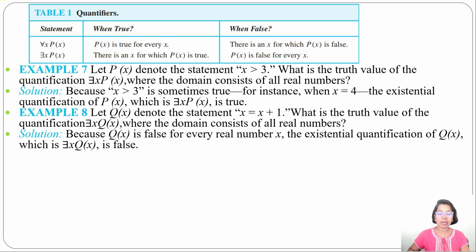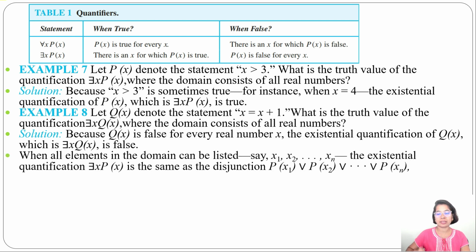We can write the universal quantifier in the form of a conjunction. In the same way, we can write the existential quantifier in the form of a disjunction. If the domain can be listed as x1, x2 up to xn, then there exists x Px is the same as P of x1 or P of x2 or up to P of xn. In case of or, only all false is false, otherwise it is true.